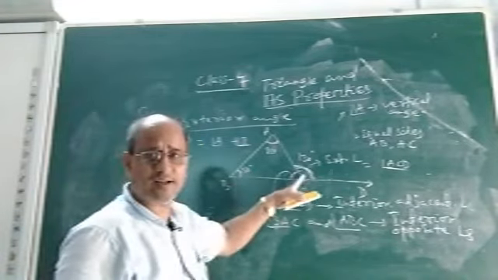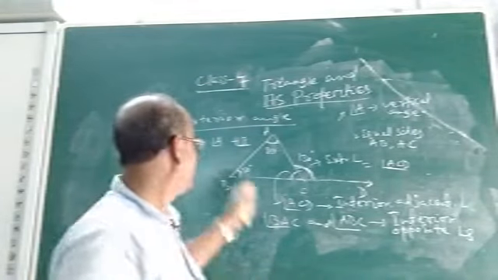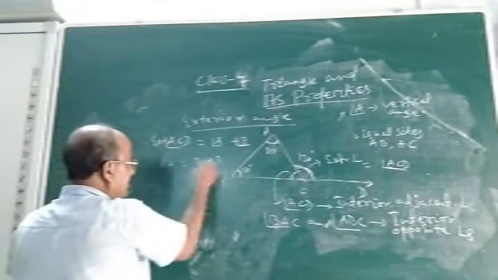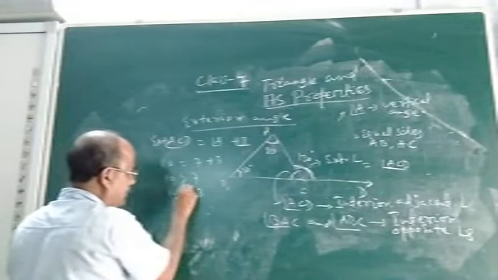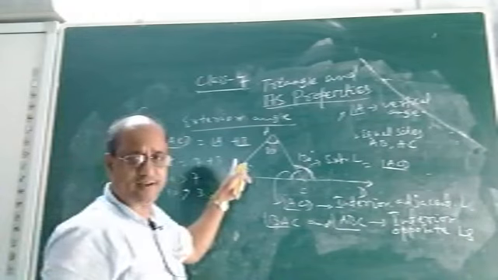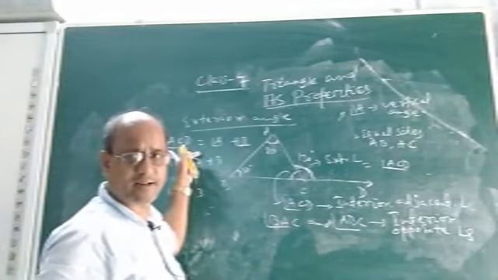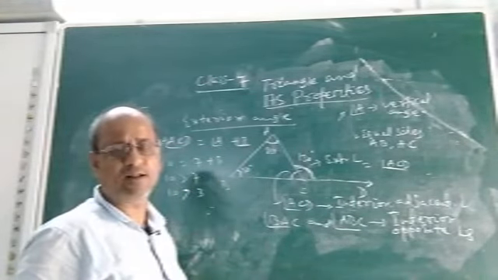That means the exterior angle will be greater than each of its interior opposite angles. It is obvious. If 10 equals 7 plus 3, then definitely 10 is greater than 7 and 10 is also greater than 3. Similar is the case: if angle ACD equals angle A plus angle B, then this exterior angle ACD will definitely be greater than angle A as well as greater than angle B.